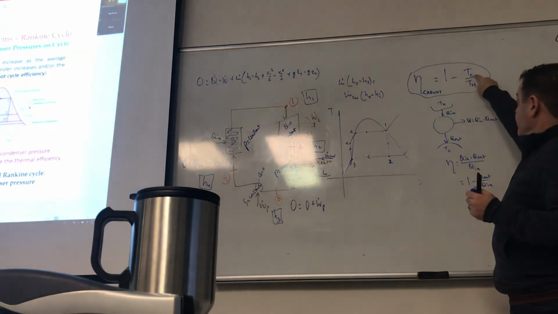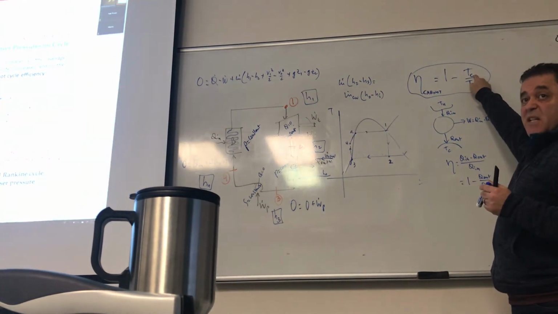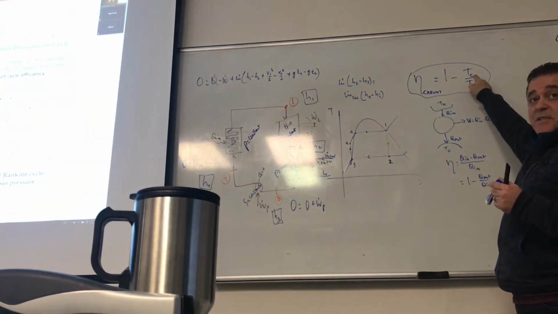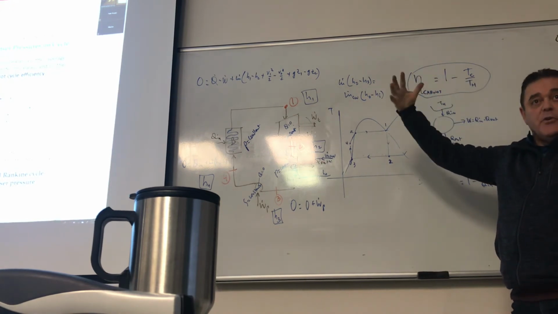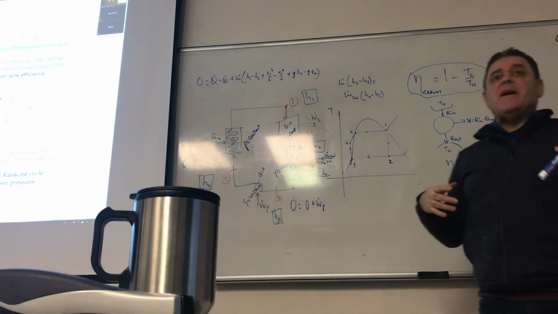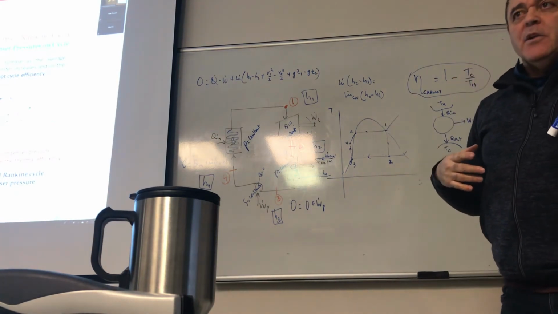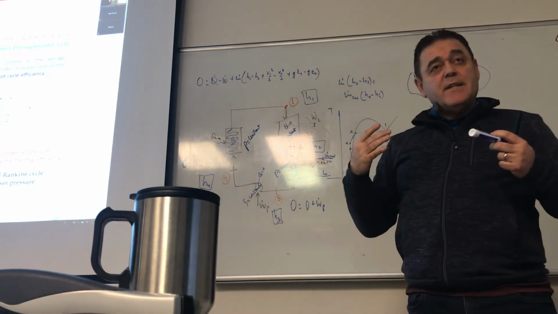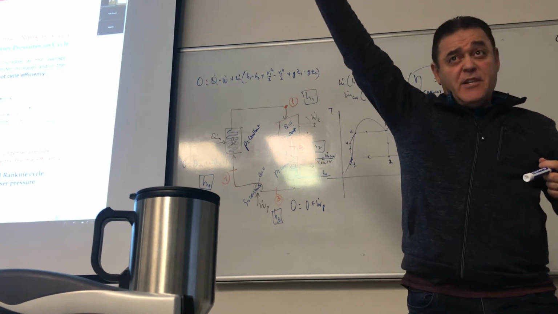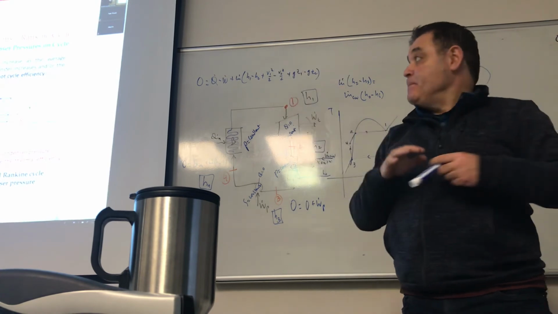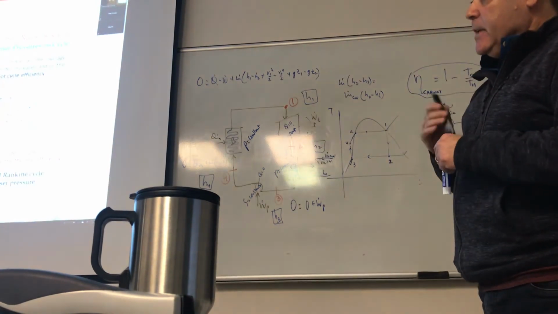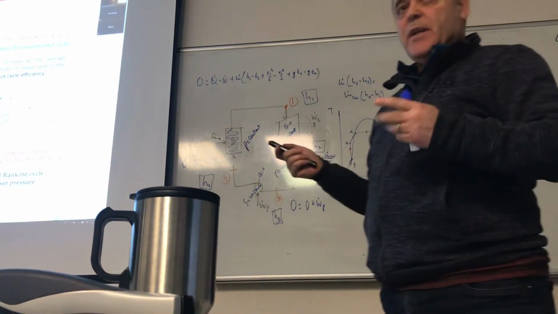Or we can decrease TC. If you decrease TC, you are subtracting something smaller from 1, and therefore you are keeping most of the pie, if you will. So a way to increase efficiency is to either increase TH or decrease TC, or do both if you could.